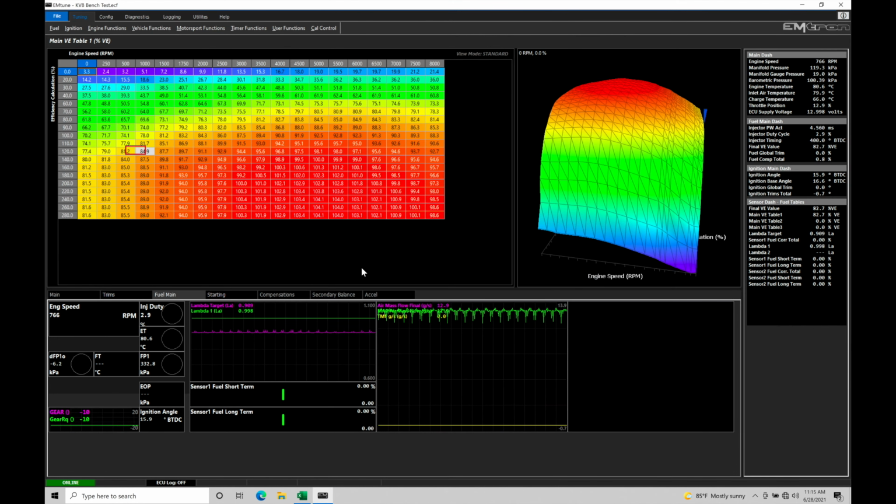Okay, so let's get started. We're going to be taking a look at understanding the relationship between lambda and the stoichiometric ratio of the fuel that we're tuning in our fuel system. This relationship is important to understand because we have some background fuel calculations being performed in our Emtron, and those calculations hinge upon making sure that we're representing our stoichiometric ratio for the fuel that we're dealing with properly in our software.